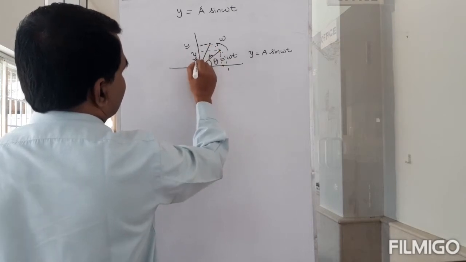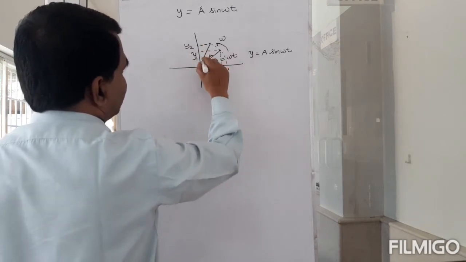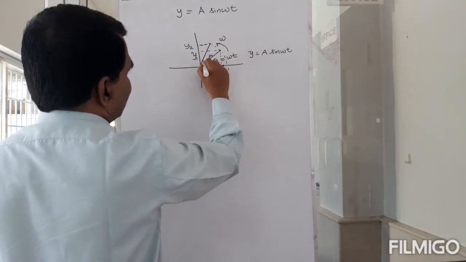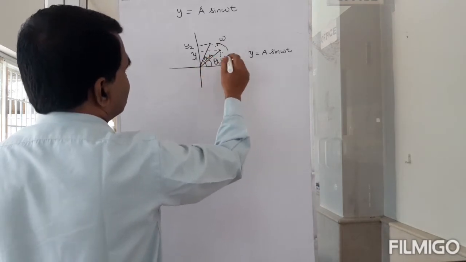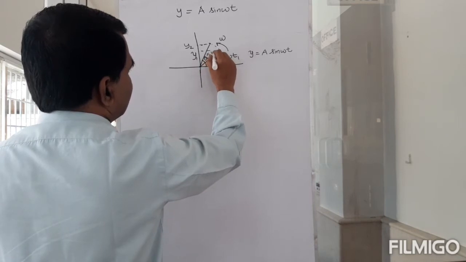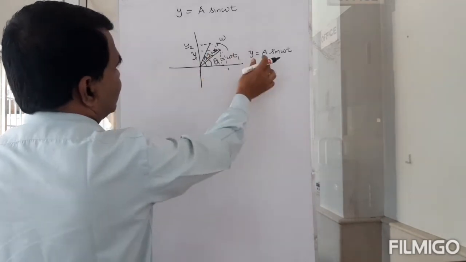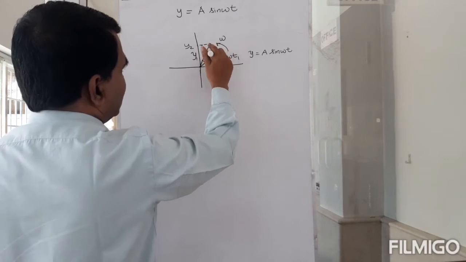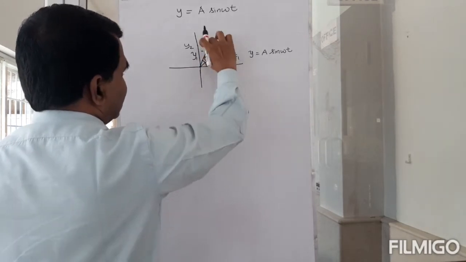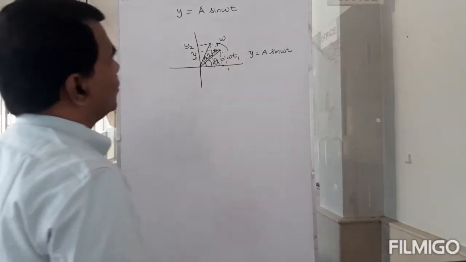So this is y1 and this is y2, and this is theta 1, and now I would have gone to theta 2, which is omega t2. So this value y2 will be this length, right? That projection on the y-axis.